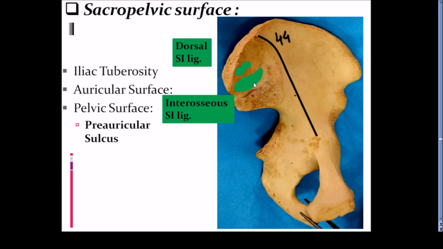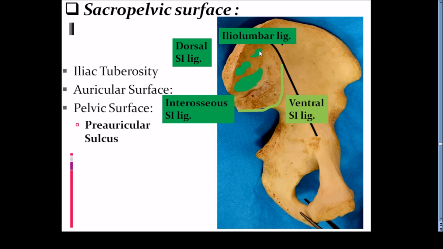Posterior to this interosseous sacroiliac ligament, the iliac tuberosity gives attachment to the dorsal sacroiliac ligament, and superior to it there is the iliolumbar ligament. So the iliac tuberosity gives attachment to three ligaments. Most of the part gives attachment to the interosseous sacroiliac ligament, posterior to it is the dorsal sacroiliac ligament, and superiorly is the iliolumbar ligament.